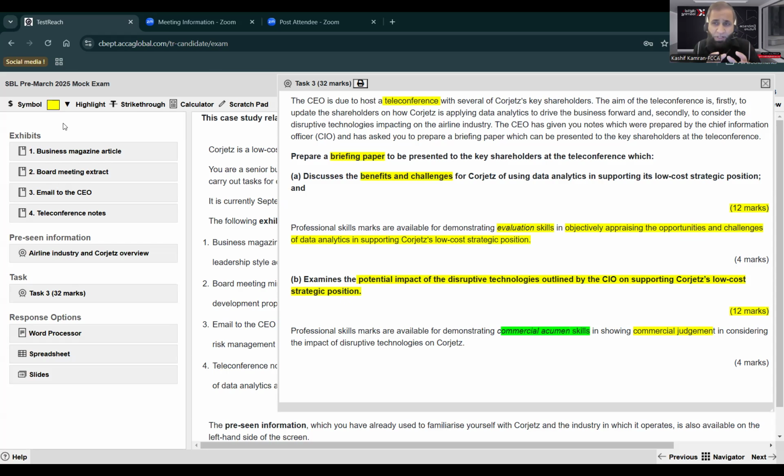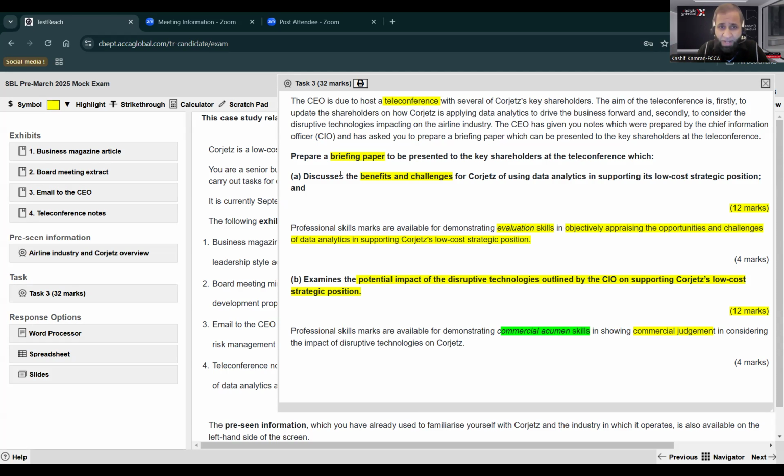So you need to link the potential impacts with the commercial judgment. Profits, income, more business coming to CodeJets, more passengers, more customers, because that all will help CodeJets to be successful. So you need to link things with commercial judgment for 4 marks. So this is how things look like.